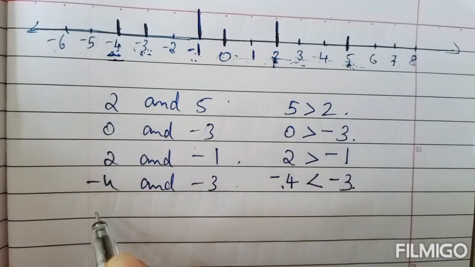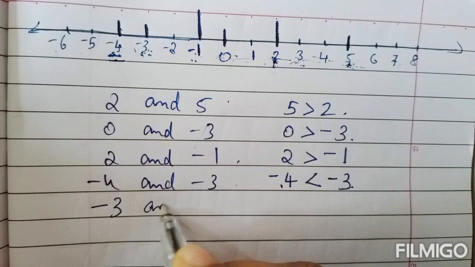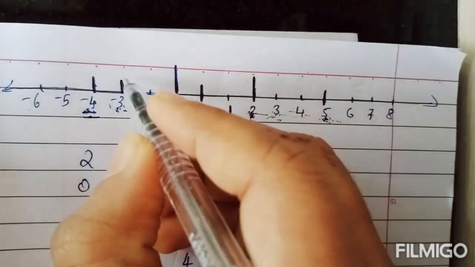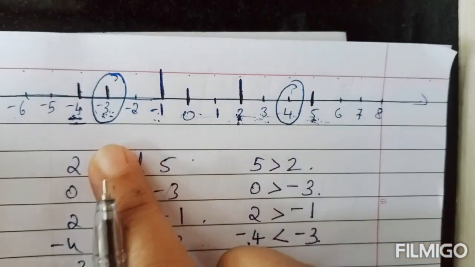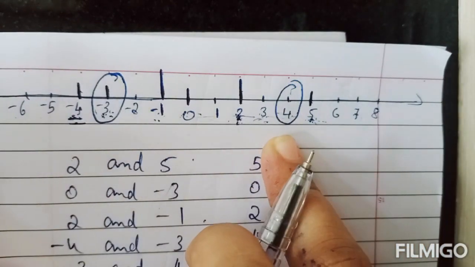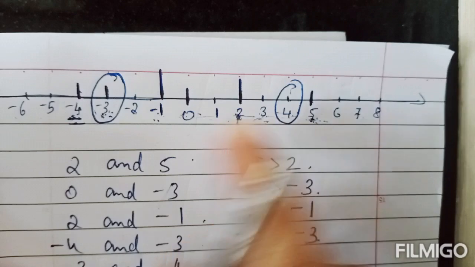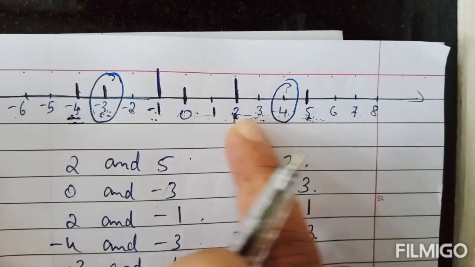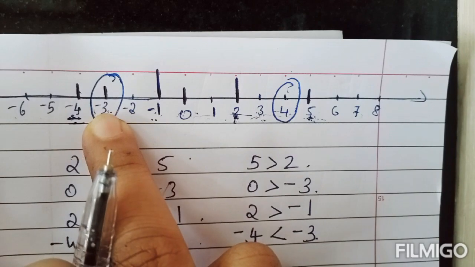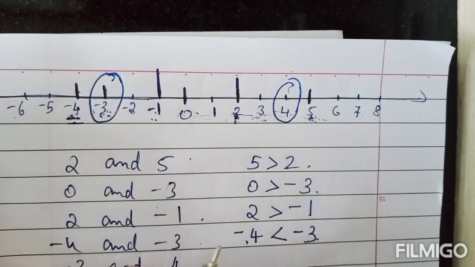Now let us take minus 3 and 4. These two integers. Minus 3 lies on the left of 4. So what can we say?